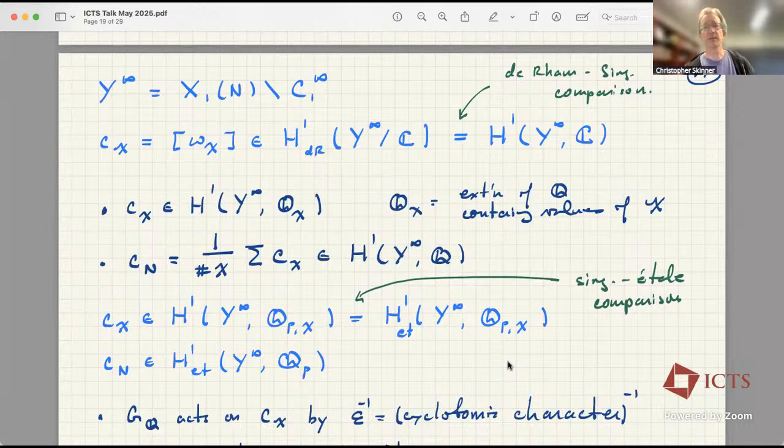By the de Rham singular comparison theorem, which is just de Rham theory, I can identify this with the singular cohomology of this non-compact Riemann surface, Y infinity, which is also an algebraic variety over Q. The first thing that one observes is that this class, which is a priori transcendental and defined over C, actually gives me a singular cohomology class with coefficients in Q of chi, where Q of chi is just the extension of Q containing the values of chi. So in some sense, this is a rational class.